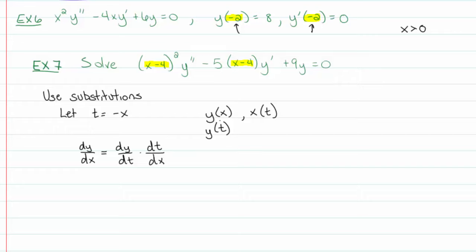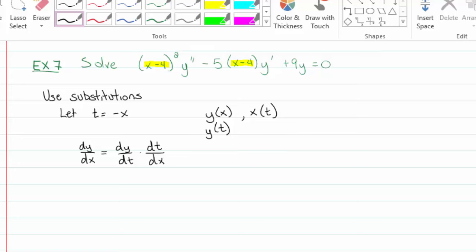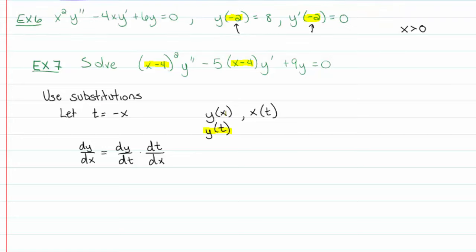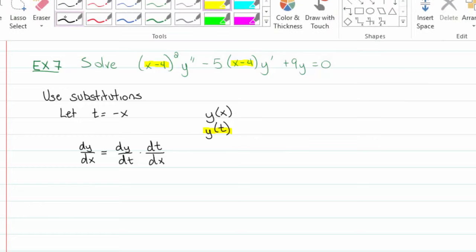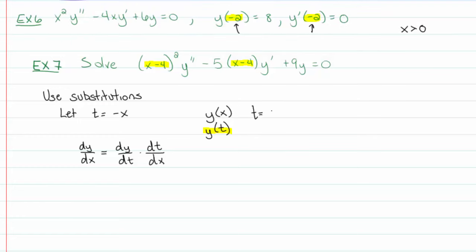That's the same thing as dy dx, it's just now we're considering y as a function of t. And technically, the way we've written this, t is actually a function of x, so maybe I should write it that way, t of x.